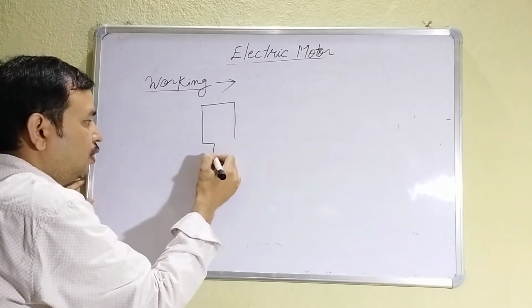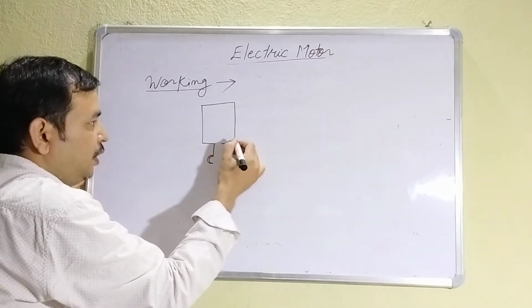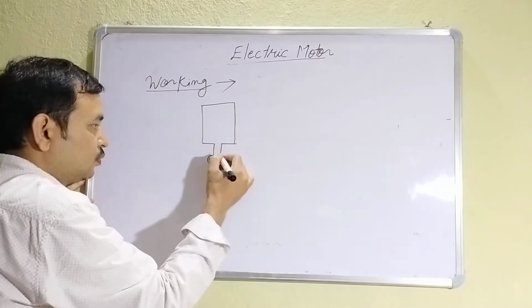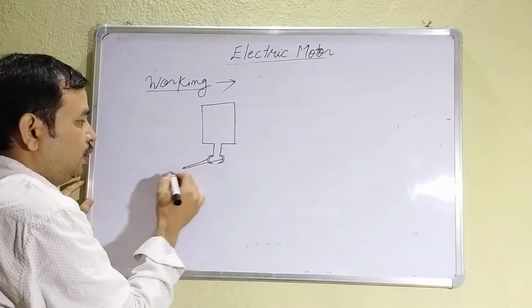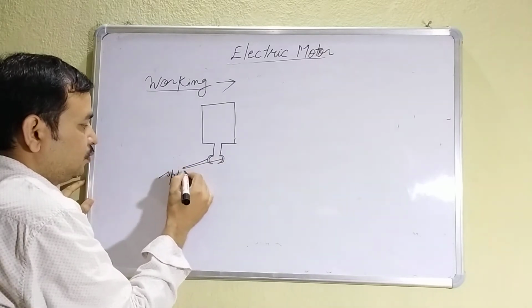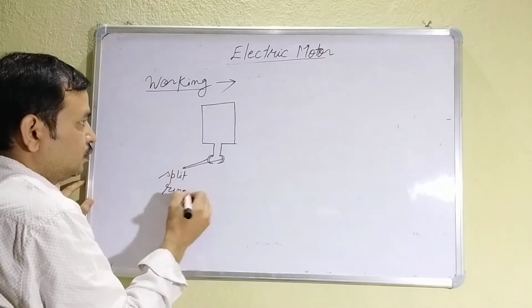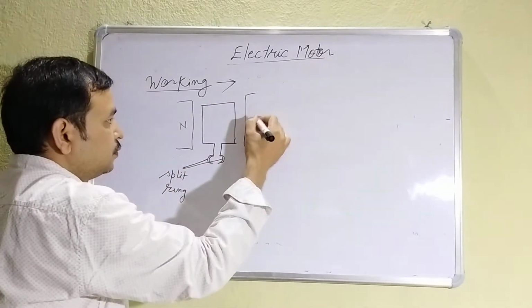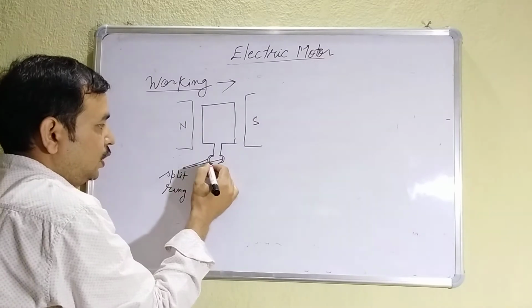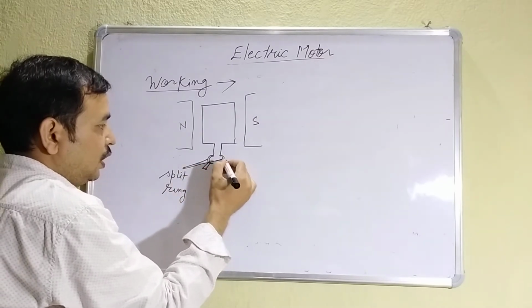This is known as split ring. These two are together known as split ring. These are the two strong magnets, and here carbon brush.